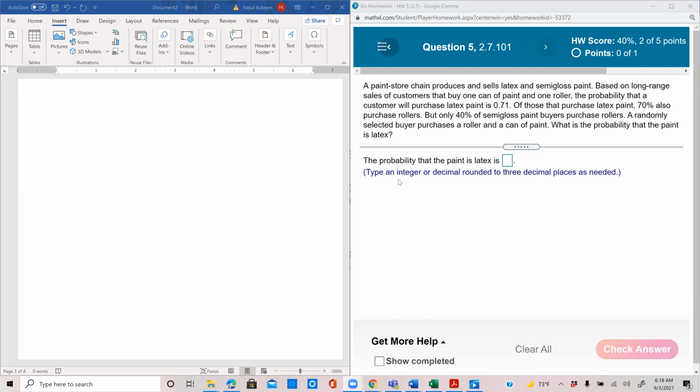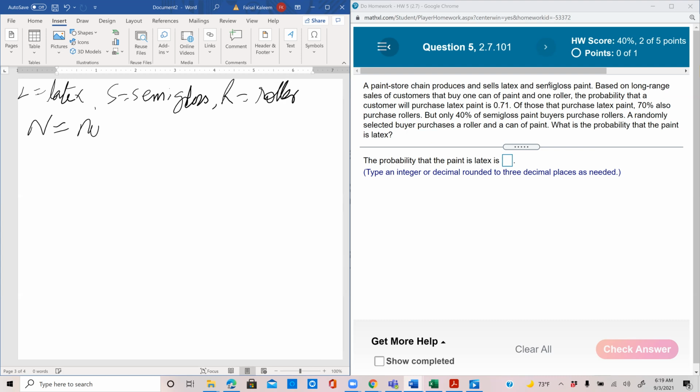So first thing, let's make some notation. In this case, it's pretty obvious: latex paint and semi-gloss paint, and then roller, not roller. So L, latex, S, semi-gloss, R, roller, N, no roller.